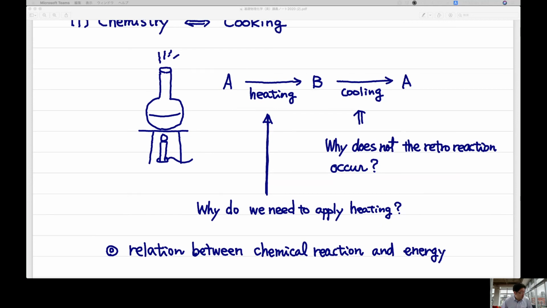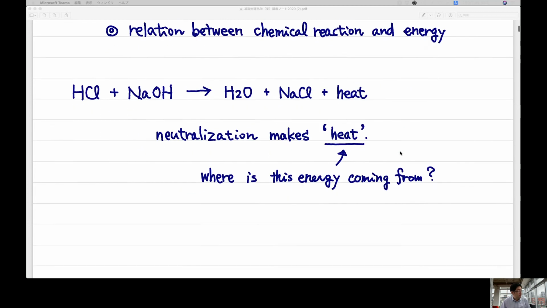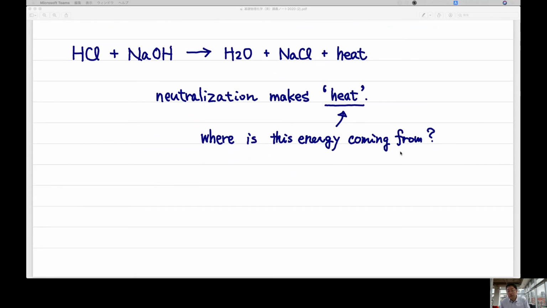In order to discuss these kinds of things, we need to think about the relation between chemical reaction and energy. This is a chemical reaction, and heating is actually energy, okay? This is one of the typical chemical reactions: neutralization.